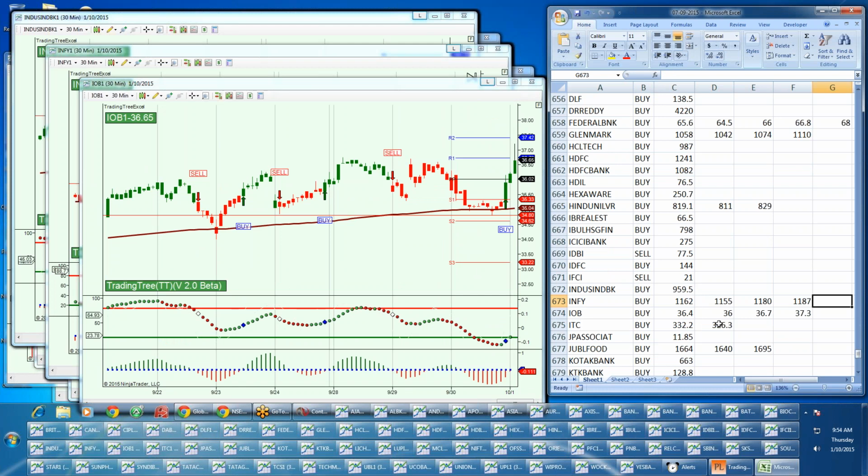So IOB 3670. It's already done. So next is 3730.